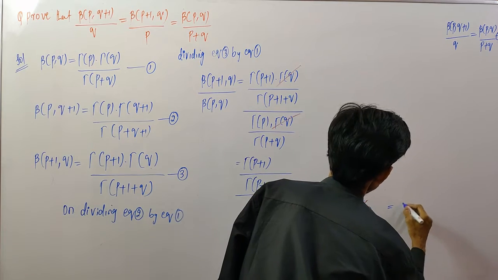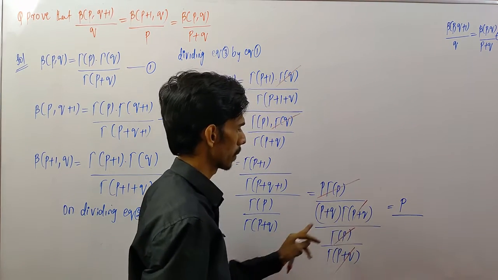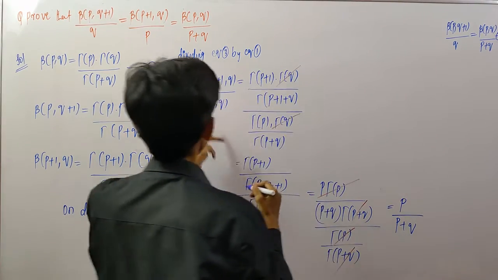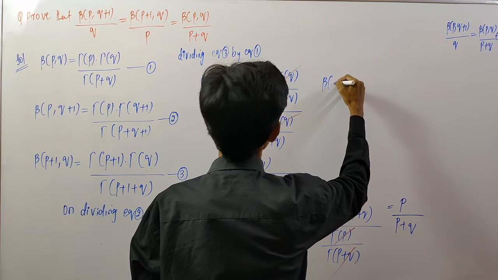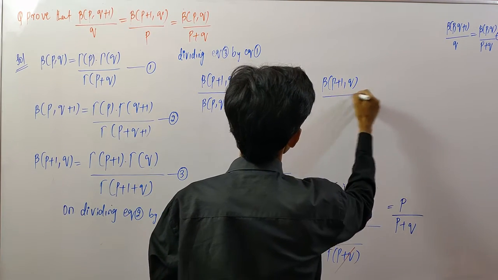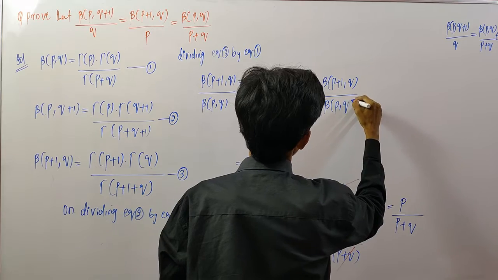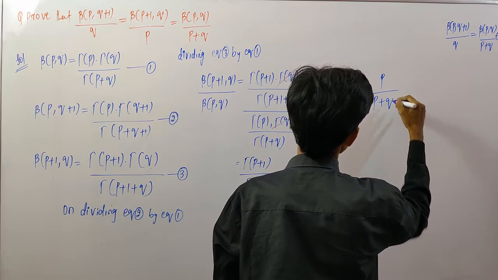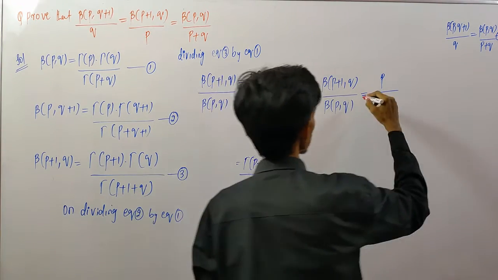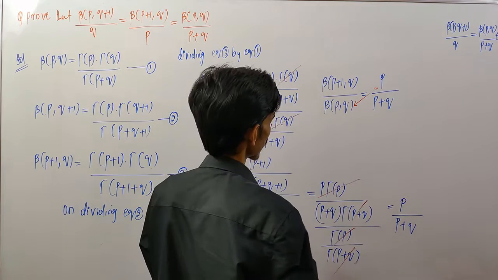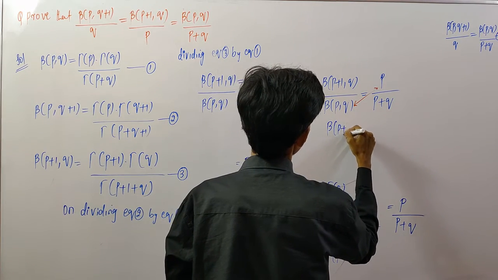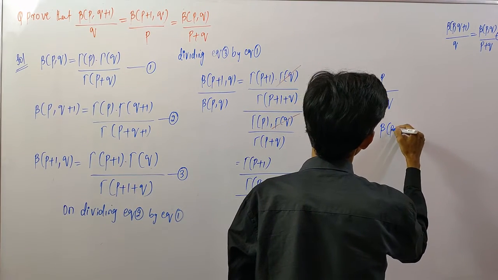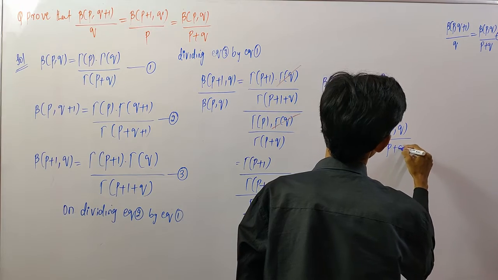We have p divided by p plus q. Here we have beta of p plus 1 comma q divided by p q, we have p divided by p plus q. Now interchange these two. We have beta of p plus 1 comma q divided by p is equal to beta of p q divided by p plus q.